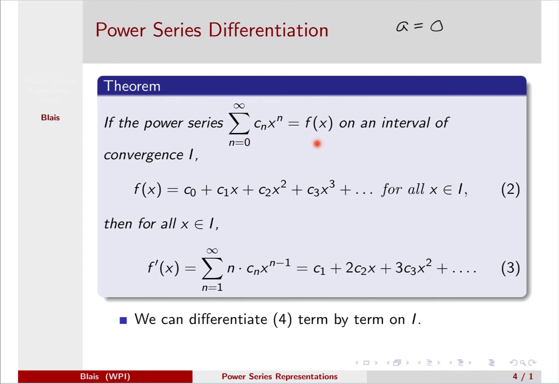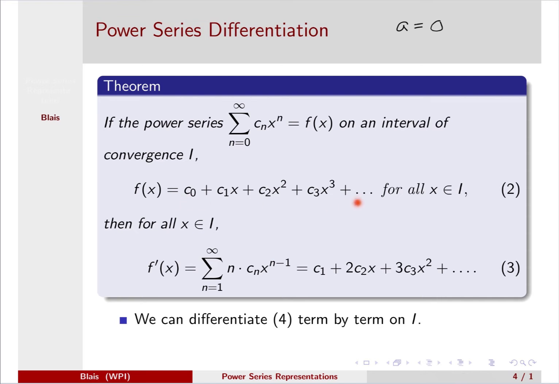So you have f prime of x on one side, and for the series, we can take the derivative term by term. Taking the derivative of this term using our power rule, c_n is a constant, so that stays out front. Bring the power of n out front, and then reduce the exponent by 1. And we get n c_n x to the n minus 1. Note that we start the sum at 1 because the first term in our series is c0, which is a constant, and its derivative is 0.